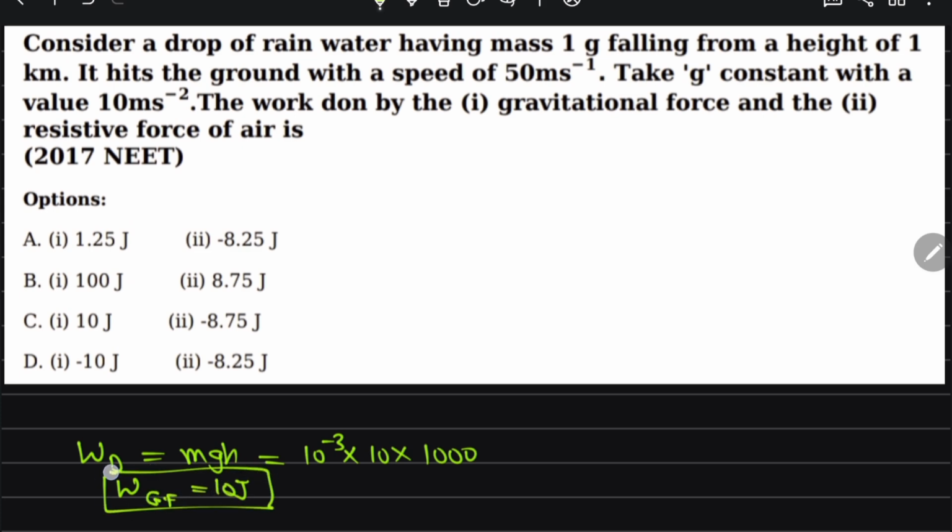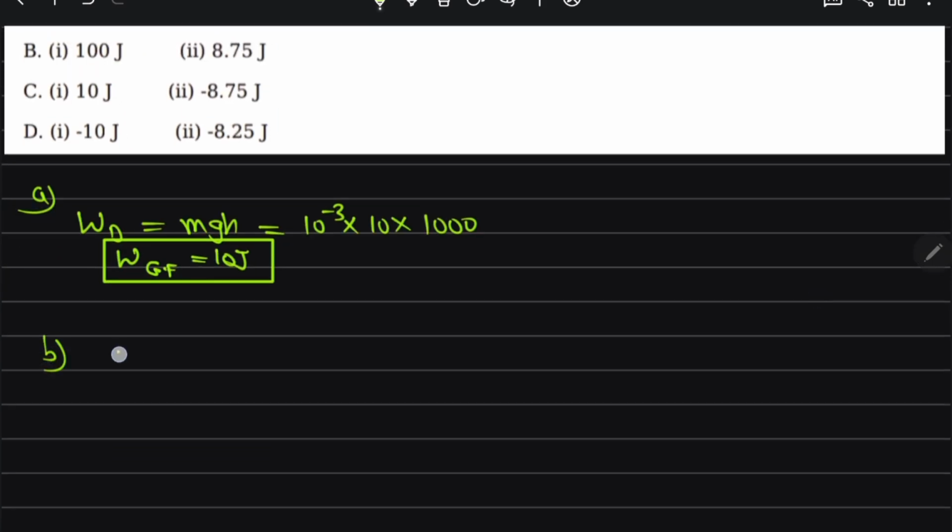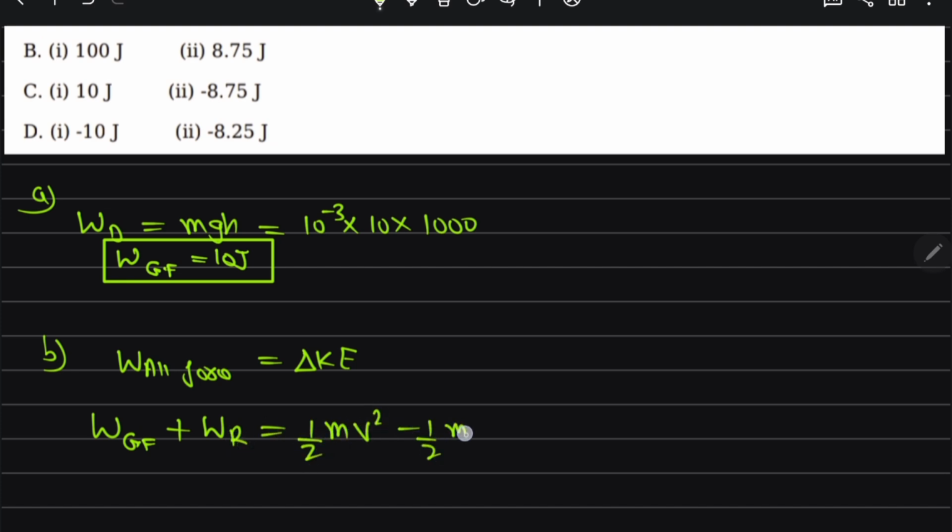Now work done by the resistance force. We know that work done by all forces is equal to change in kinetic energy. So work done by gravitational force plus work done by resistive force is equal to change in kinetic energy, half m v square minus half m u square. They are falling freely, so initial speed is 0.